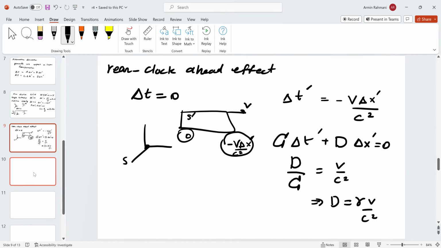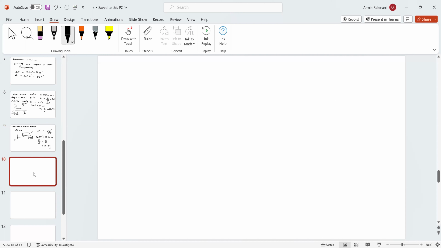All right, so let's work out a quick example to just see how powerful the Lorentz transformations are.